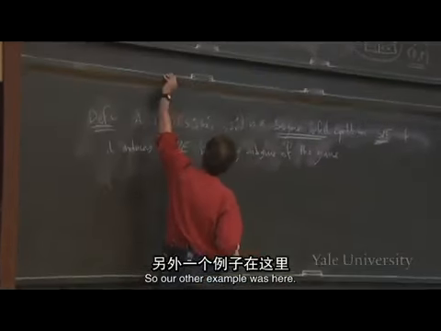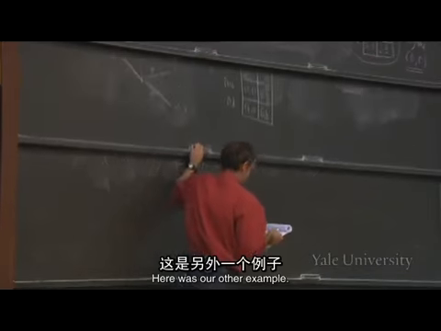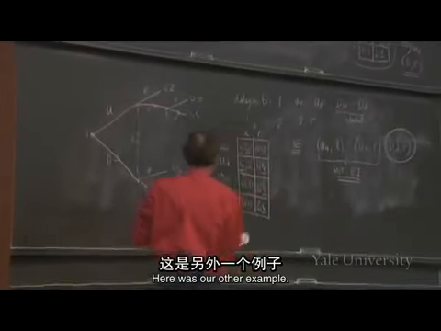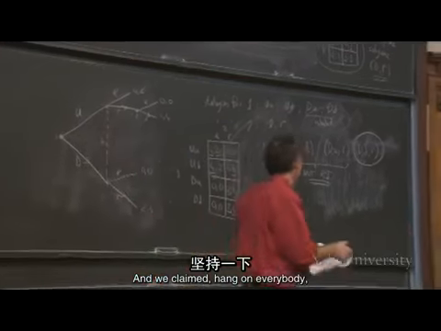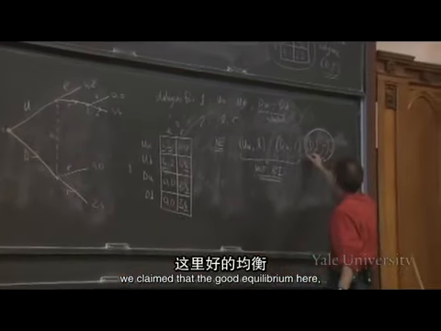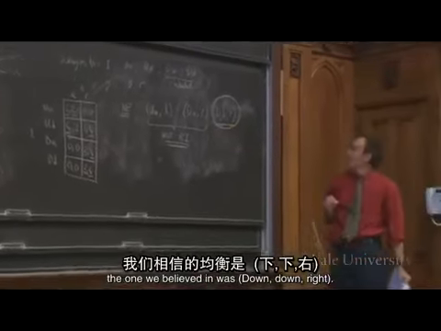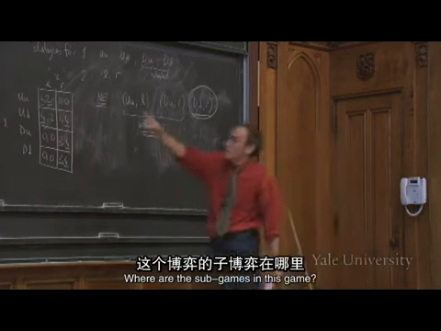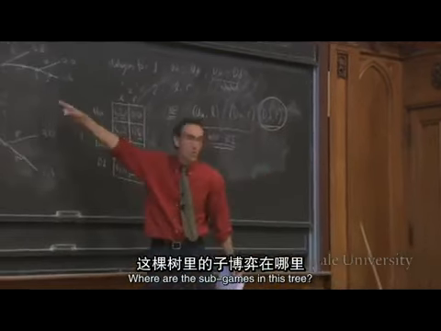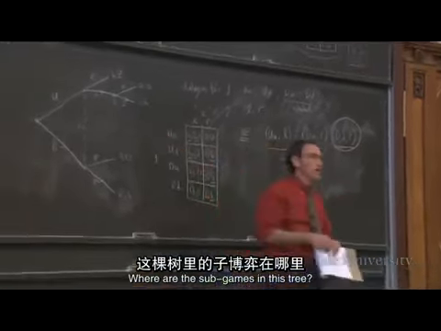So our other example was here. And we claimed, hang on everybody, that the good equilibrium here, the one we believed in, was down, down. Where are the subgames in this game? Where are the subgames in this tree?